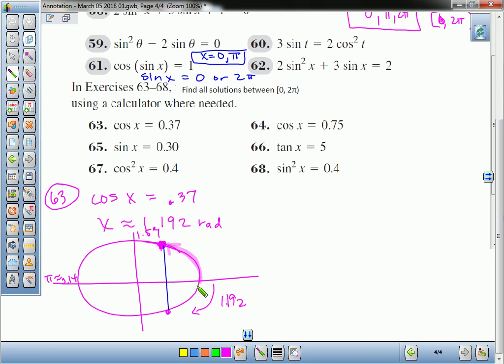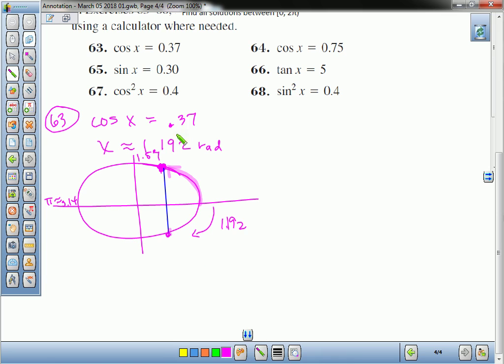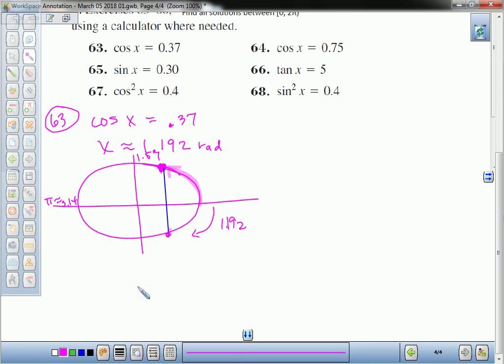So I want to go back, but I said between 0 and 2 pi, so I can't use the negative. What I have to do is 2 pi minus that 1.192. So I would punch it in my calculator: 2 pi minus that, and then you get 5.091.